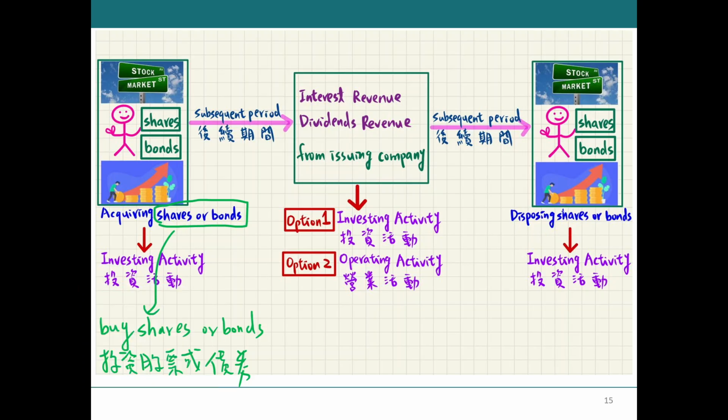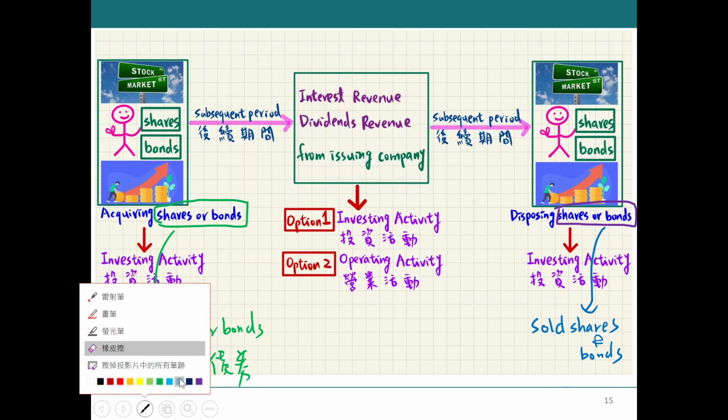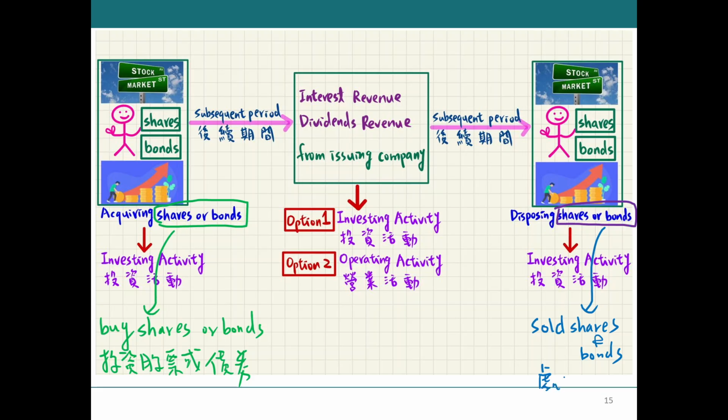So when you sell it, also is your investing. Selling stocks, bonds, disposal, sale, disposal. Okay, so don't forget, the whole process you try to what? To earn the gain.